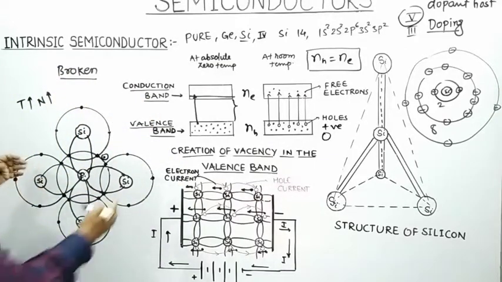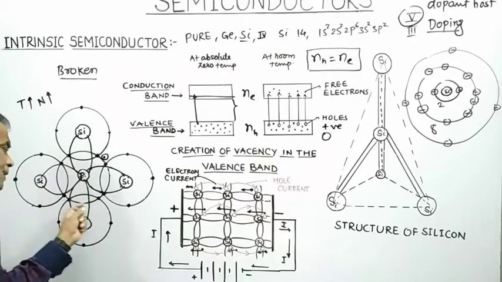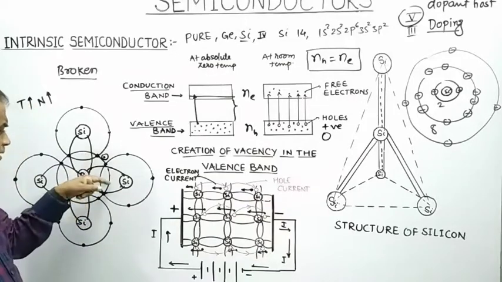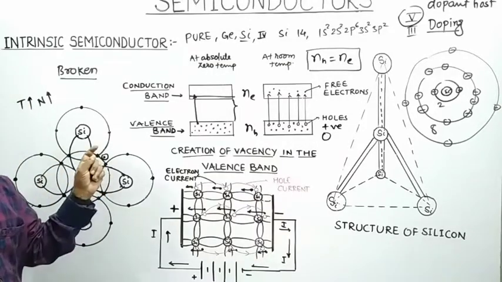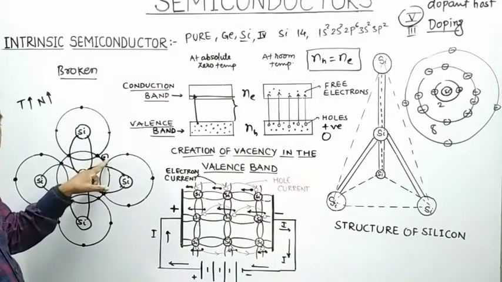So after sharing 1 electron each from 4 neighboring atoms, there are 8 electrons in the outermost orbit of phosphorus. These 8 electrons make that phosphorus atom stable, and we are still left with 1 free electron.